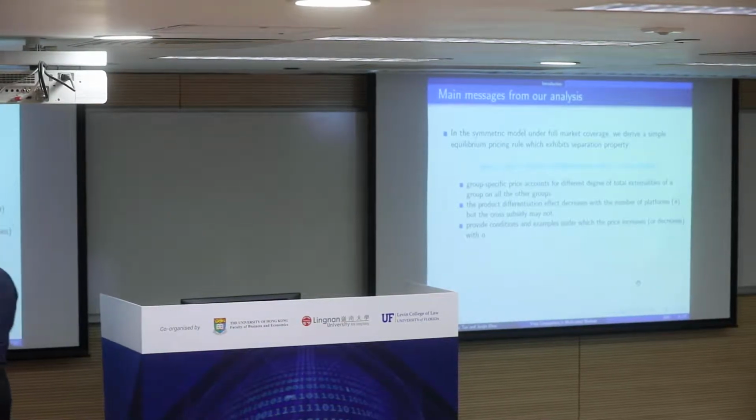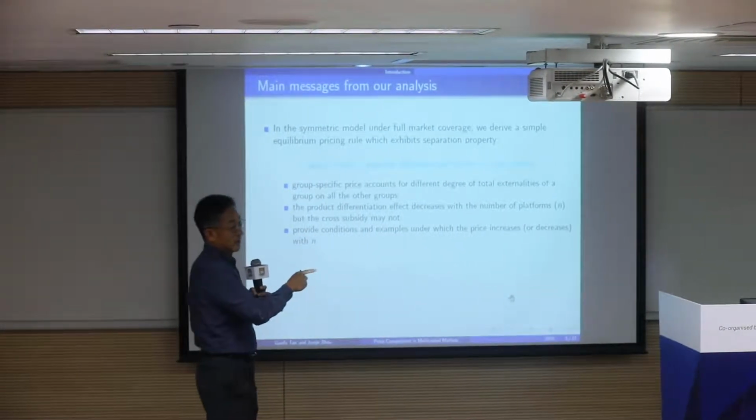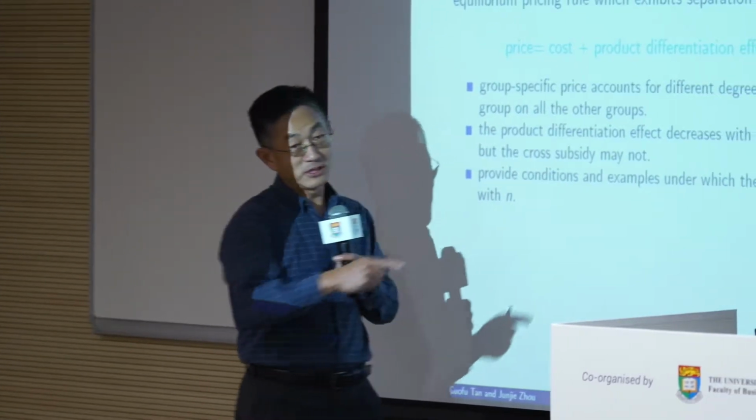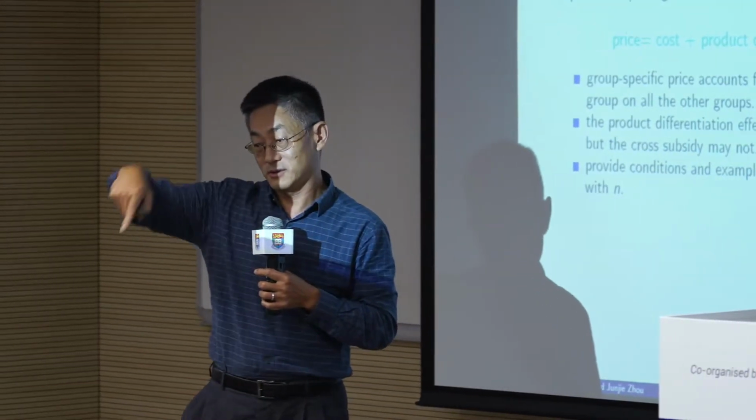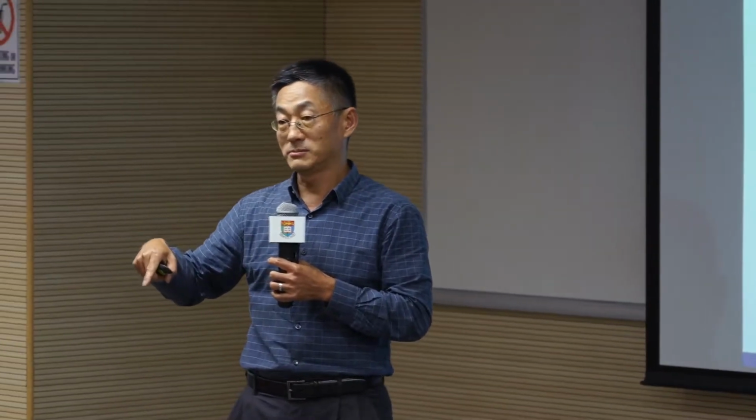Moreover, if we're going to study the impact of competition on prices, typically we know the product differentiation effect is decreasing, is monotone in competition. That is our traditional wisdom. That is, as the competition in the market goes up, the price will go down. That is exactly that term.